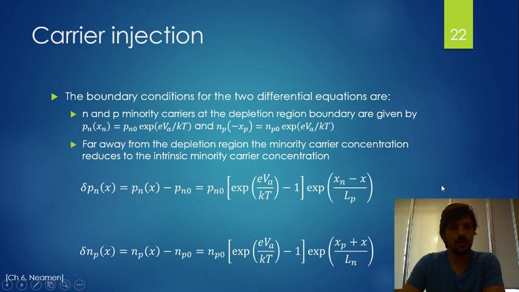At the depletion region boundary, we'll have the injected minority carrier levels, and far away from the depletion region, the minority carrier concentrations will be reduced back down to the equilibrium levels. If we do all this, once again summarized in Chapter 6 of Newman, we'll have the following two distributions. The important part is that these two distributions are exponential decay functions away from the junction.